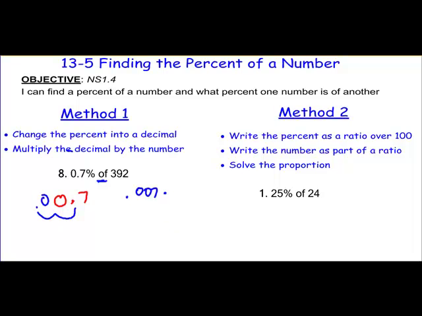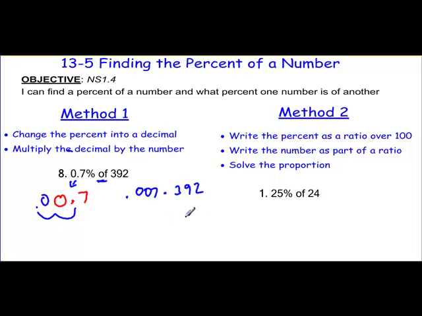So when it says 0.7% of 392, what they're actually asking you to do is multiply 0.7%, which means you have to change it to a decimal, times 392. So I'm going to write the 392 here.